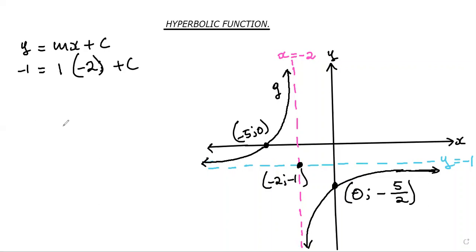So 1 times -2 is -2. Taking it to the left, it becomes positive. -1 plus 2, it's going to be +1. So this means the y-intercept is going to be 1, implying that the equation of this line of symmetry is going to be y equals x plus 1, like that.